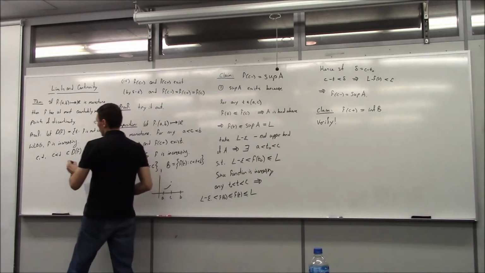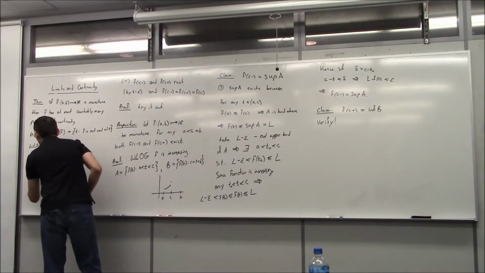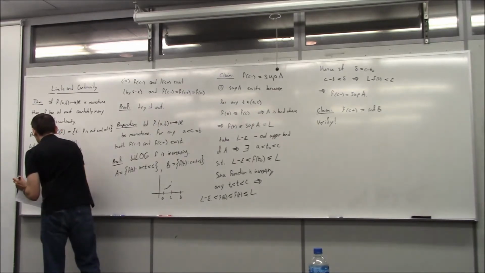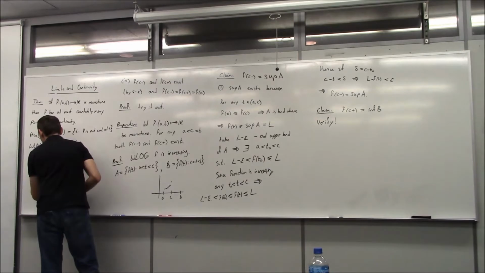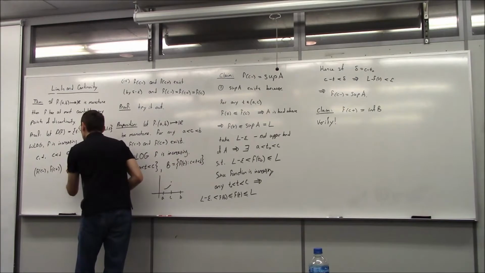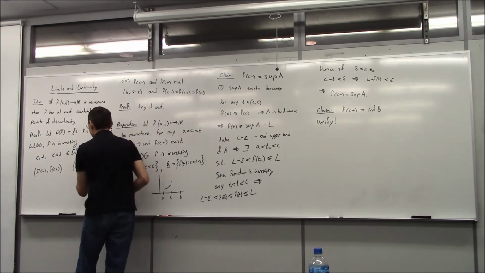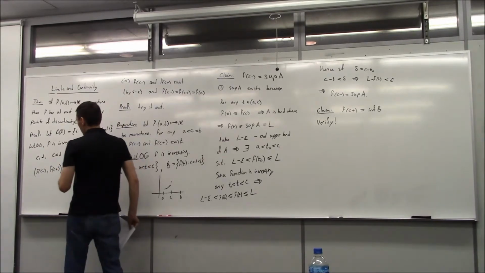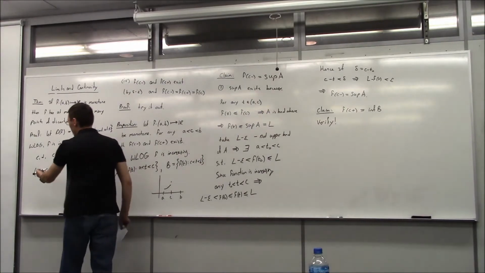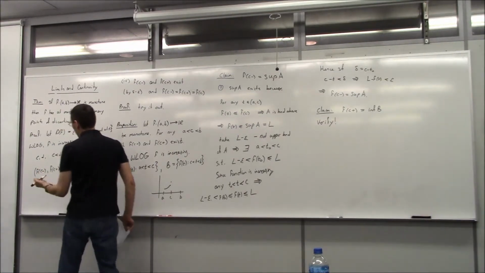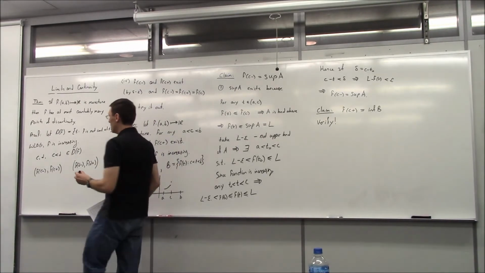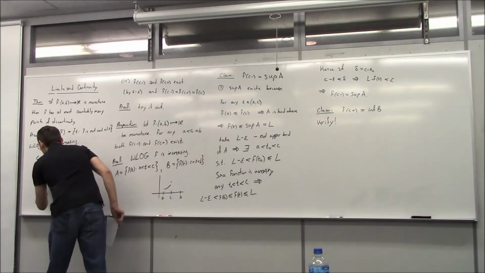Then we consider the interval f of C minus to f of C plus, and we consider the interval f of D minus to f of D plus. Those intervals are non-empty. We know that if f of c minus equals f of c plus, the function will be continuous. So non-empty interval.